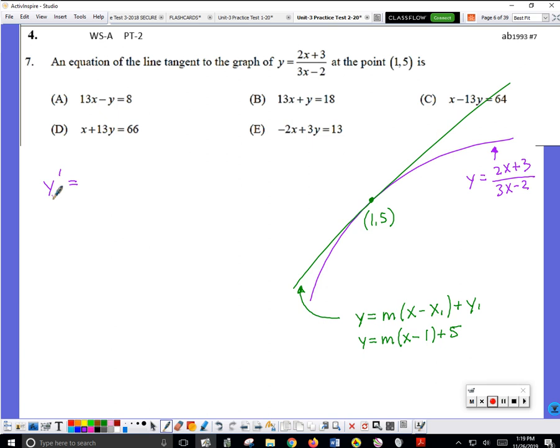So y prime is going to be bottom multiplied by the derivative of the top plus the top multiplied by the derivative of the bottom divided by the bottom squared. Question?